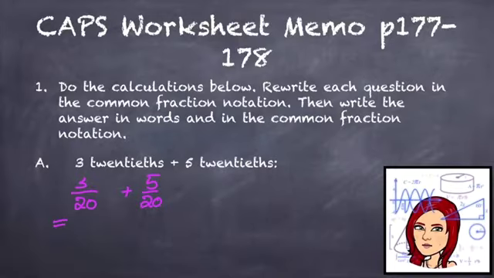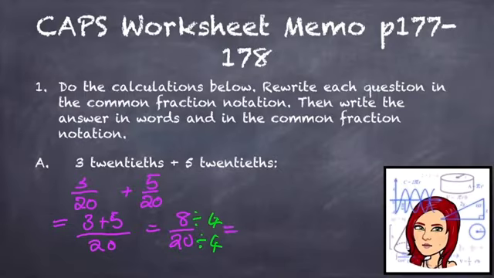My denominators are the same, so I can have 3 plus 5 over 20 equals 8 over 20. Here I'd want to simplify, so I'm going to divide by 4 at the top and at the bottom. That's going to give me an answer of 2 over 5. When written in words, it would be two fifths.